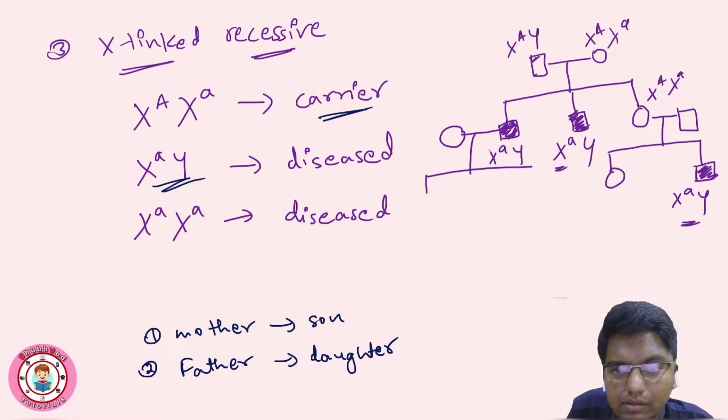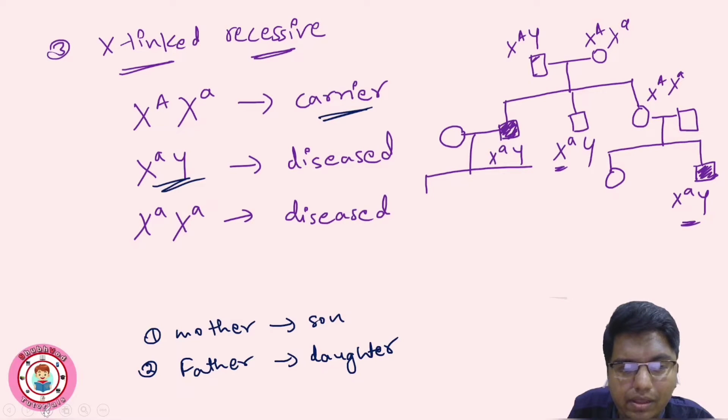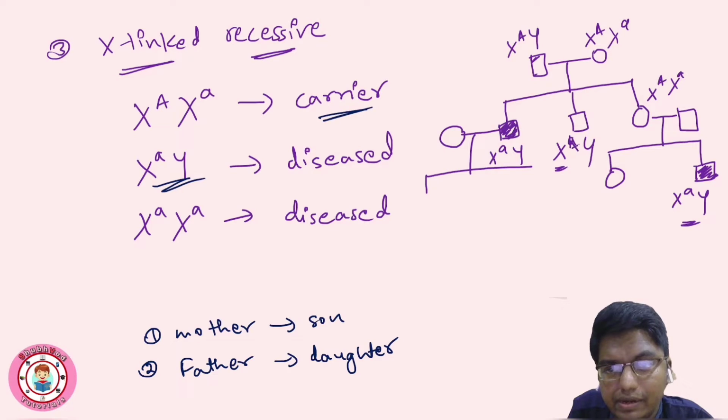See, this is having... if I erase this, it will become X capital A, Y. So this will be normal, no disease.